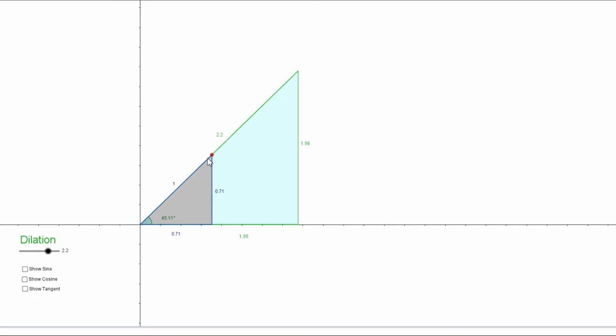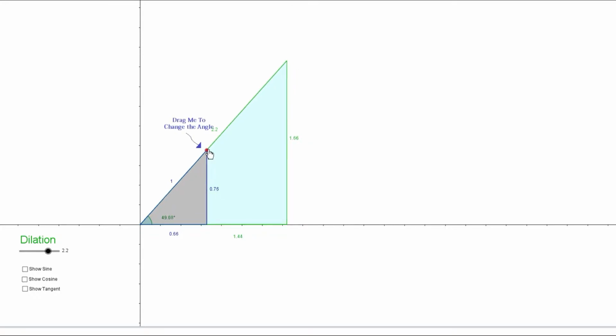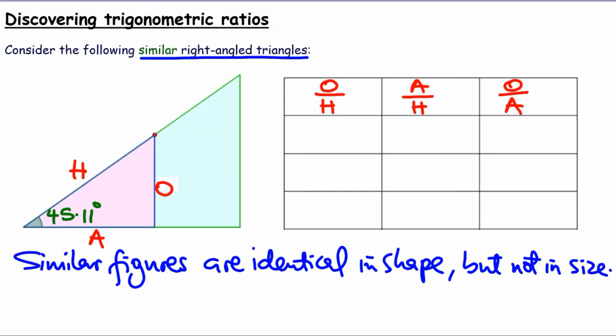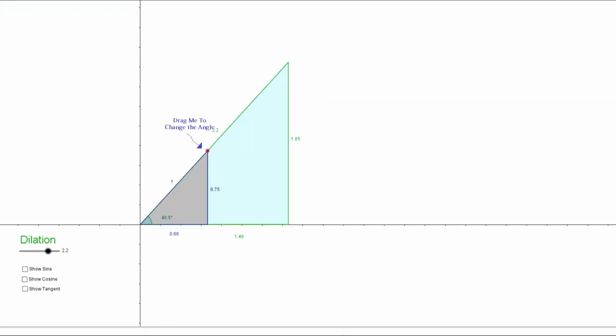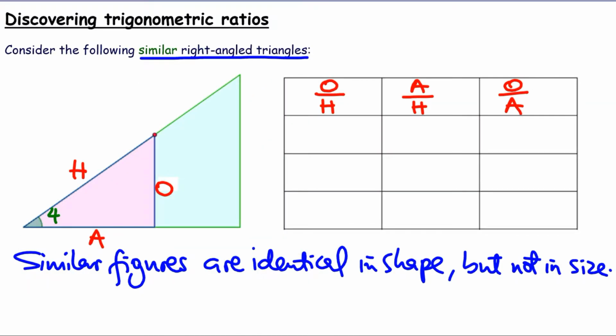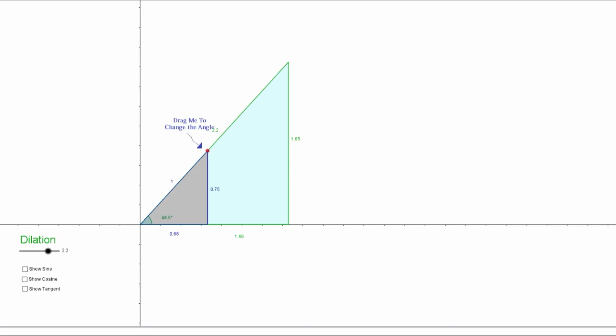So maybe let me change this angle to something like 48.5. That's fine. I've just changed the angle to 48.5 so that at least we have different lengths. That will be easier to work with.